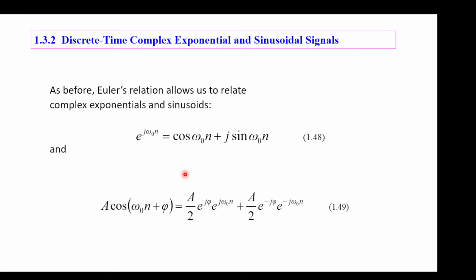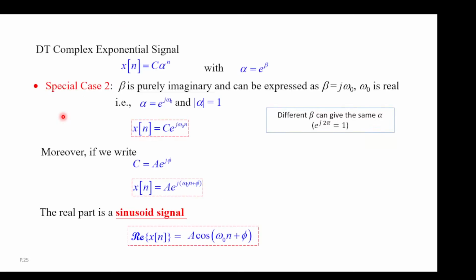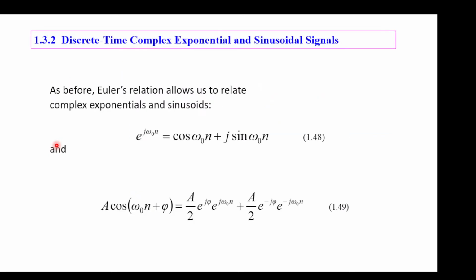So this is a discrete complex exponential with purely imaginary coefficient. One thing to be careful about now is that this is not necessarily periodic. For continuous time, we just say a signal with this form is periodic. But for now, this is just a purely imaginary complex exponential, and we'll see what is periodic later.